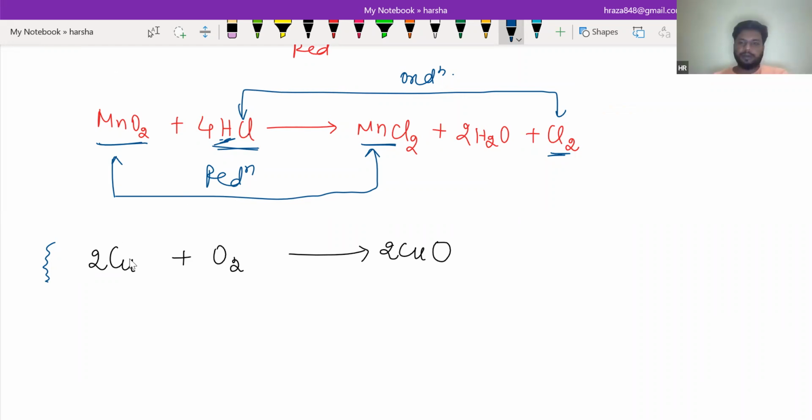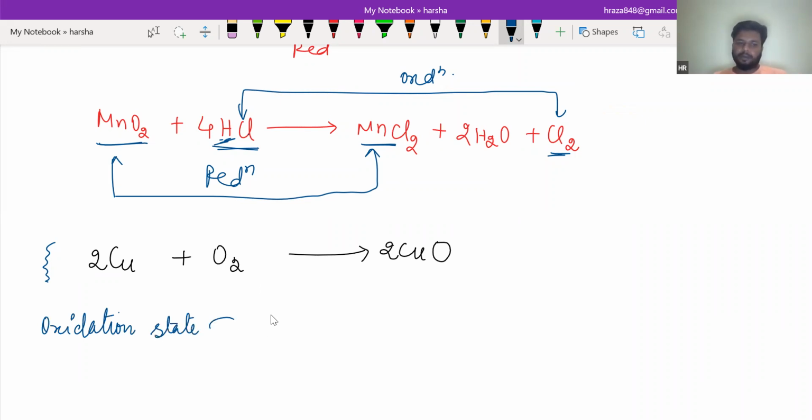Now see how we are going to cover it. In class 11th, you will study oxidation state. Harsha and Abdullah, please listen to me very carefully. Oxidation state.